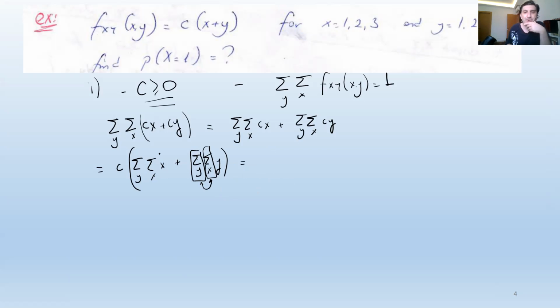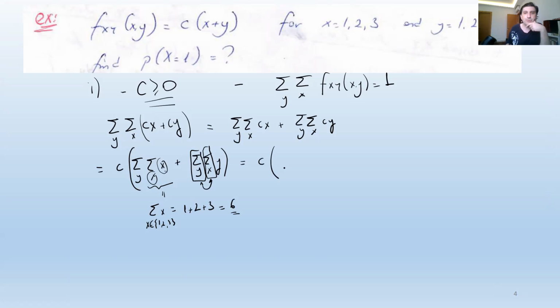Okay, so now let's try to deal with this part. This means that over the range of x, add each value of x one by one. Hence, where are the x values? Let me write that x is an element of 1, 2, and 3. So it is 1 plus 2 plus 3, which is going to be equal to 6.